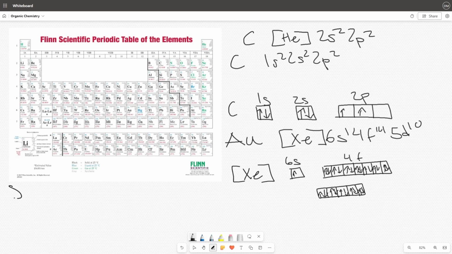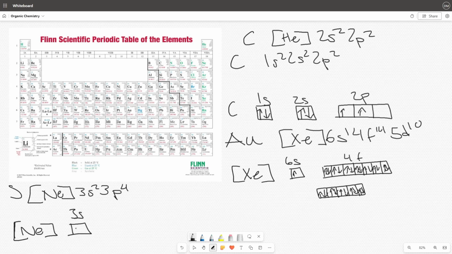Let's try with sulfur. If I'm doing sulfur, and if I write down its electron configuration, noble gas notation, it's neon, then 3s2, and then 3p4. So in this case, I can draw out neon here. The 3s orbital, up and down.